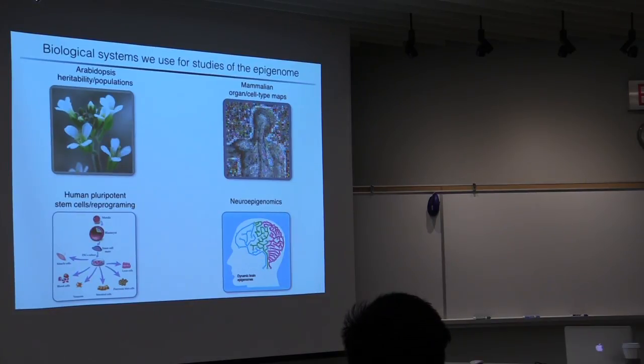So because the generation time is relatively short, you can measure over 30 generations. You can look at a single plant through its progeny and look at how the DNA methylation patterns diverge over time.